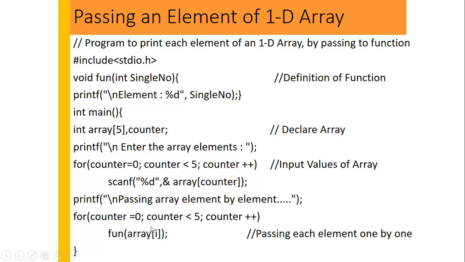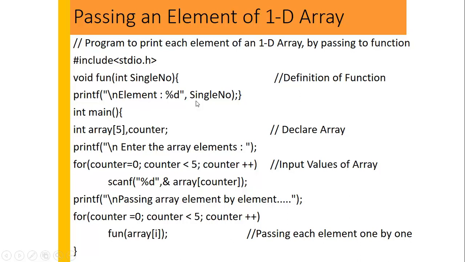Then we have the value of the counter as 1. The second element of the array will be passed from here, will go up and get printed. Then the counter value is 2, so the third element will go up and display its value. Then the value of the counter is 3, which means the fourth element will go from here and get printed by the function.